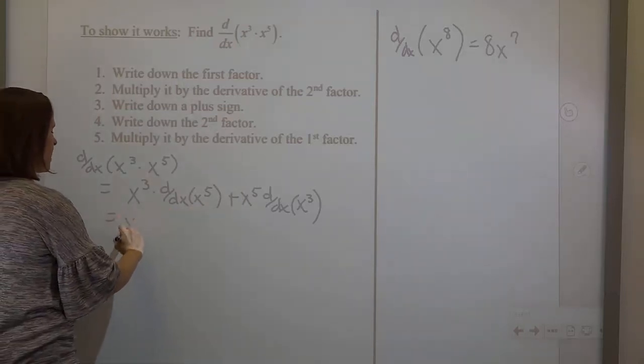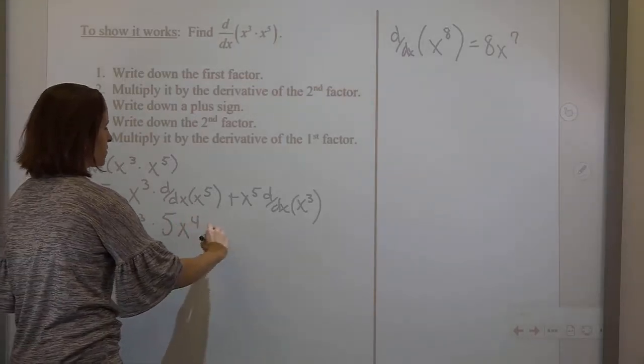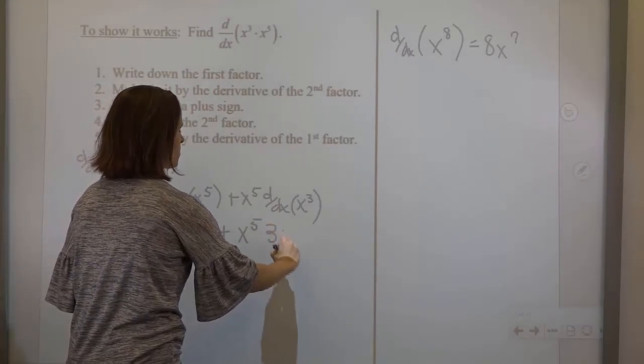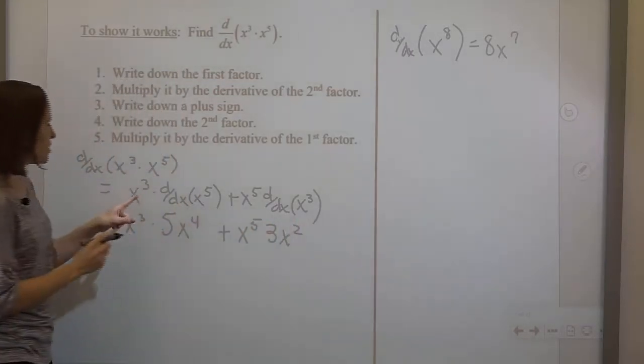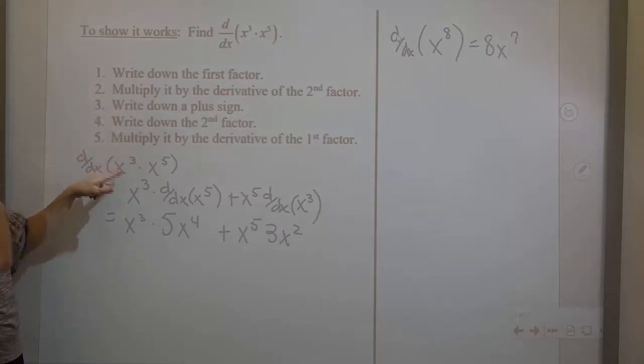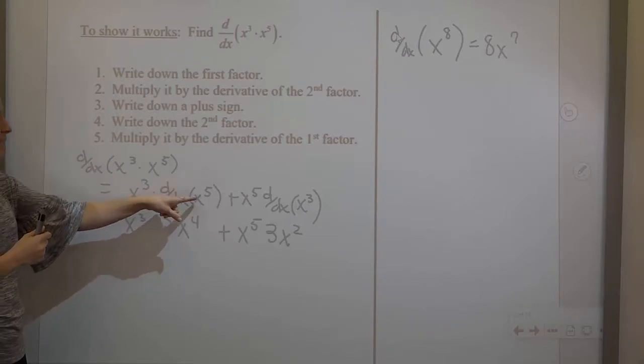So we have x cubed times power rule 5x to the fourth plus x to the fifth times power rule 3x squared. Notice that in first times derivative of the second, I'm just rewriting the first. I only had something to do on the ones where I need to take the derivative.